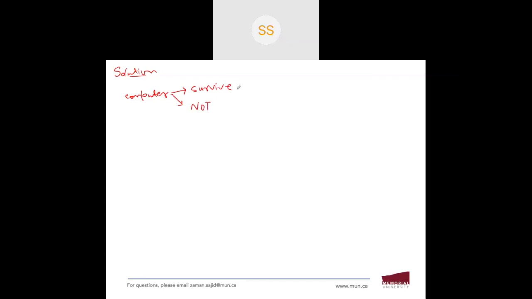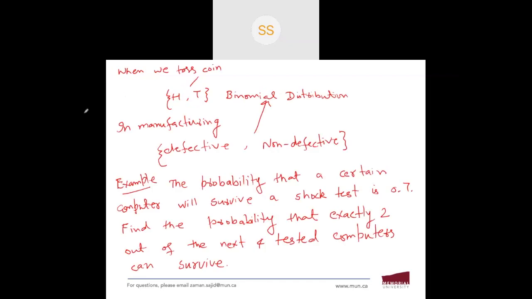So this is how we know that this is the binomial distribution. Now if you go back to the question, the probability here is 0.7.